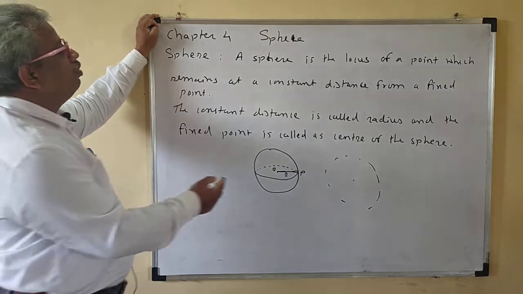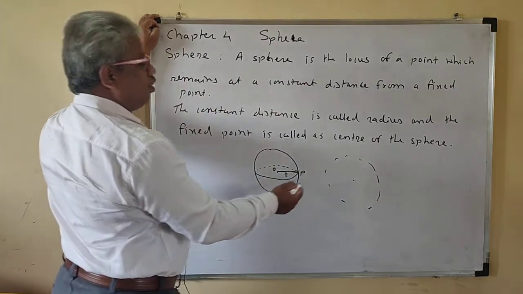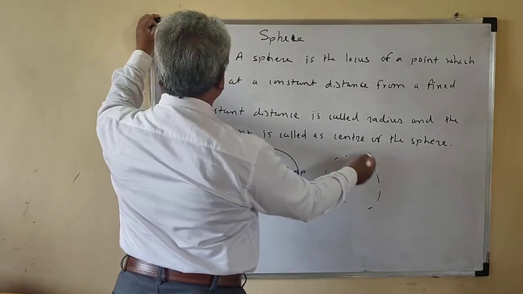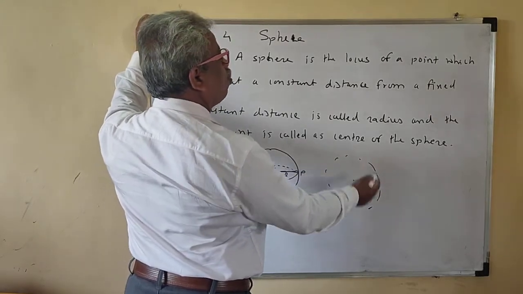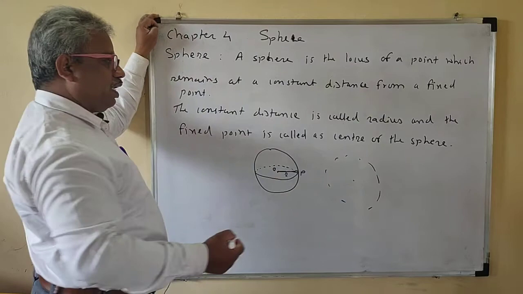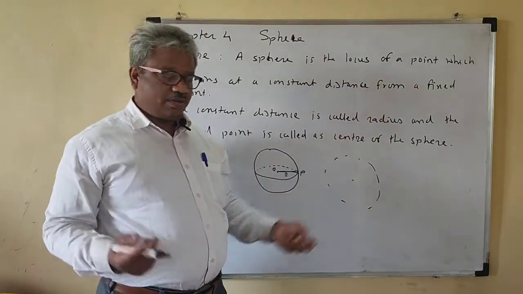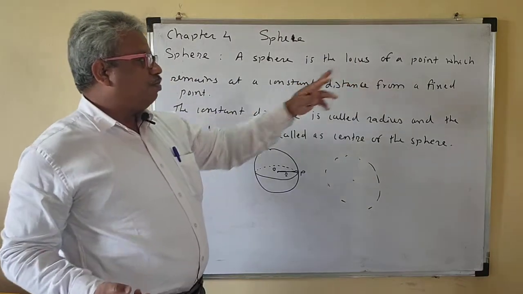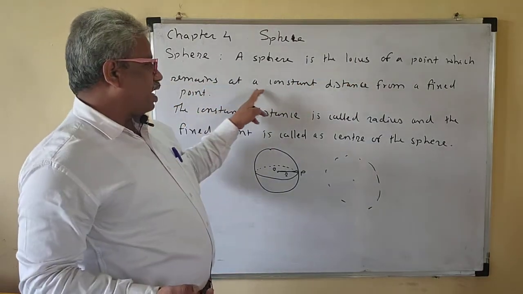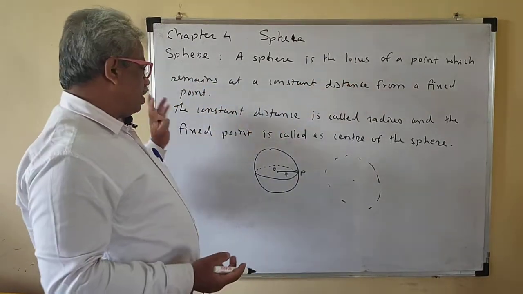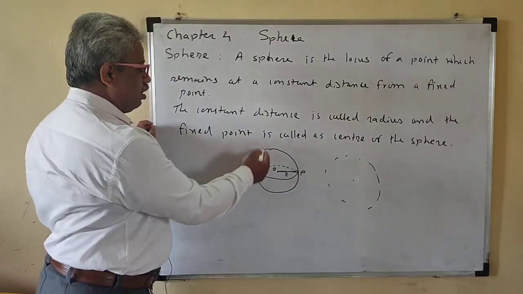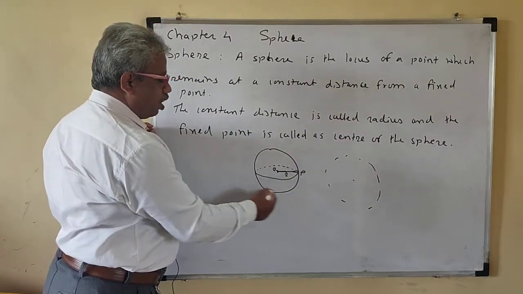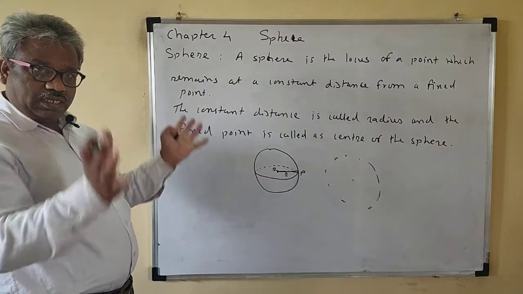The same thing here. A sphere is the locus of all points which are equidistant from a fixed point. So a circle is the locus of all points equidistant from a fixed point, and here it is the locus of a point which remains at a constant distance from a fixed point, in three dimensions, that is, in space.